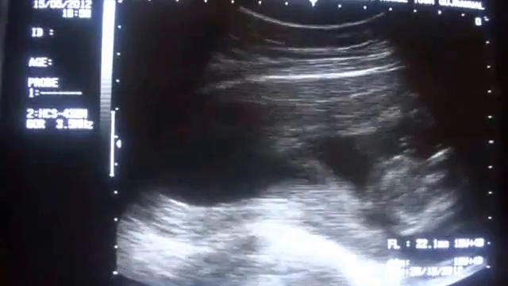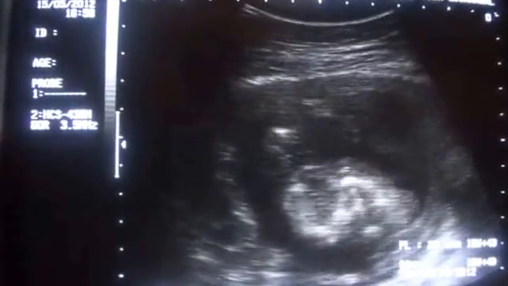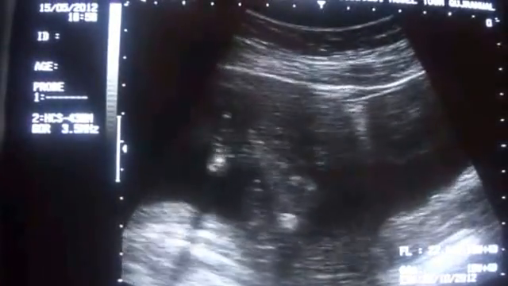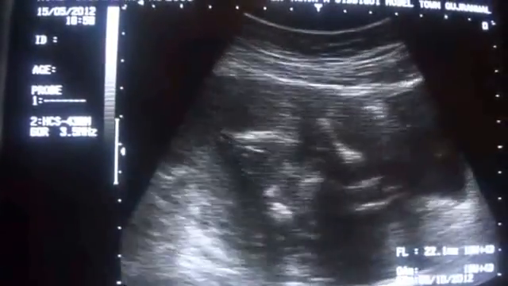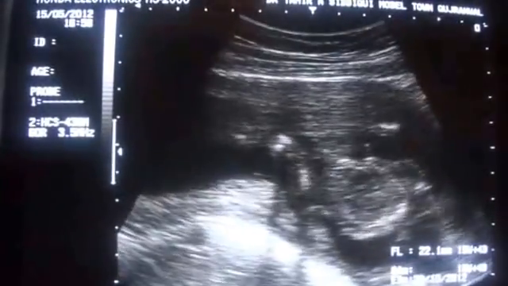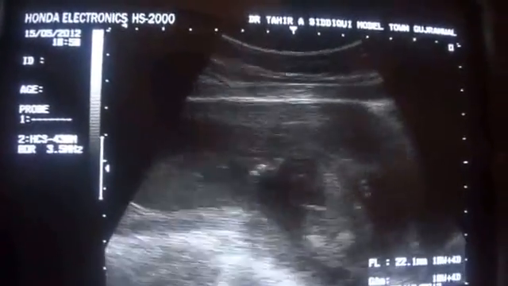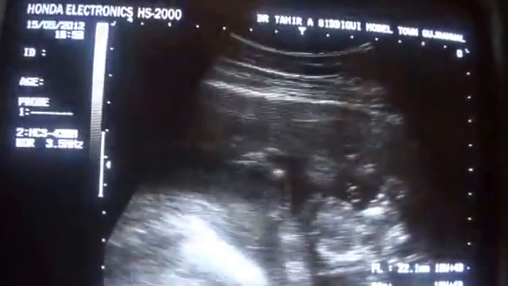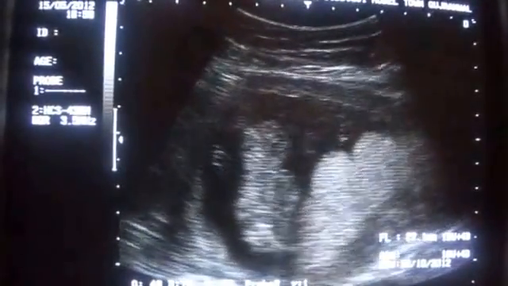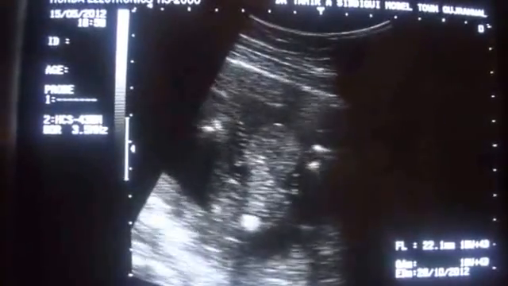Okay. Whereas now, see the body of the fetus. In transverse section, I am in fact trying to get the body of the fetus in transverse section.